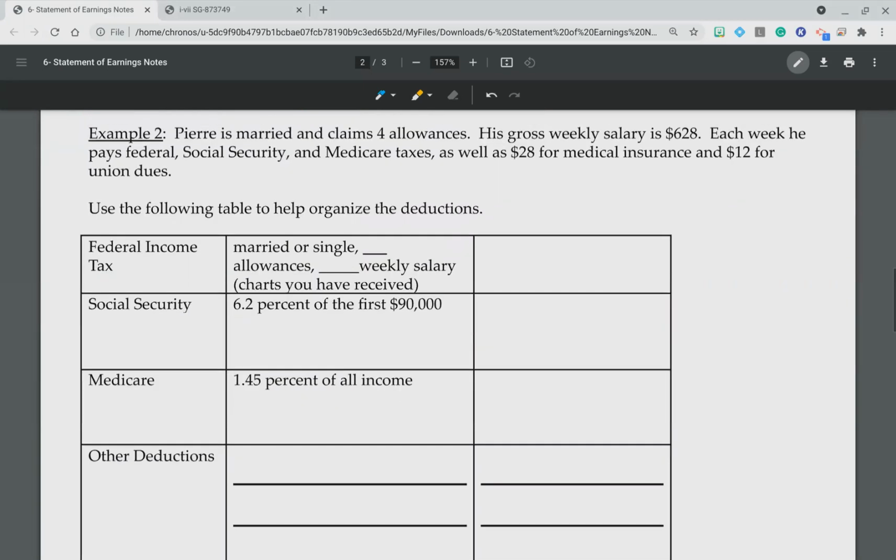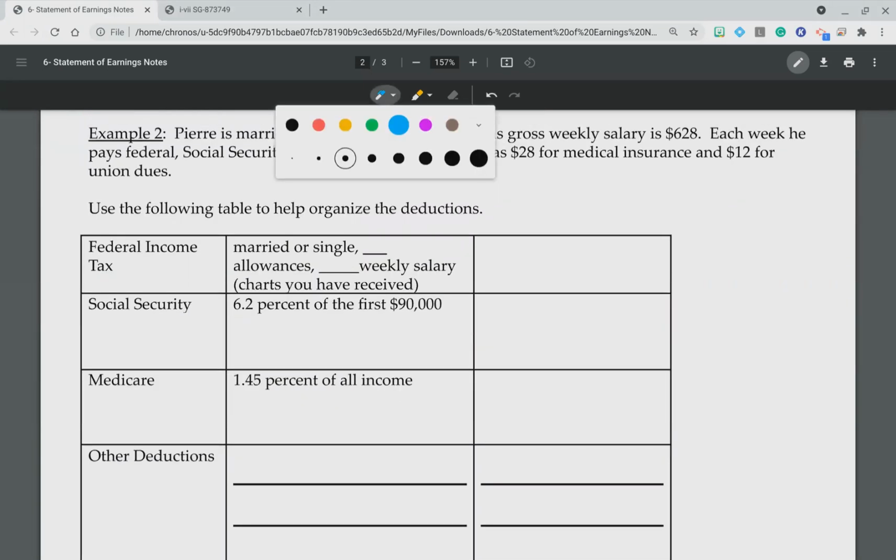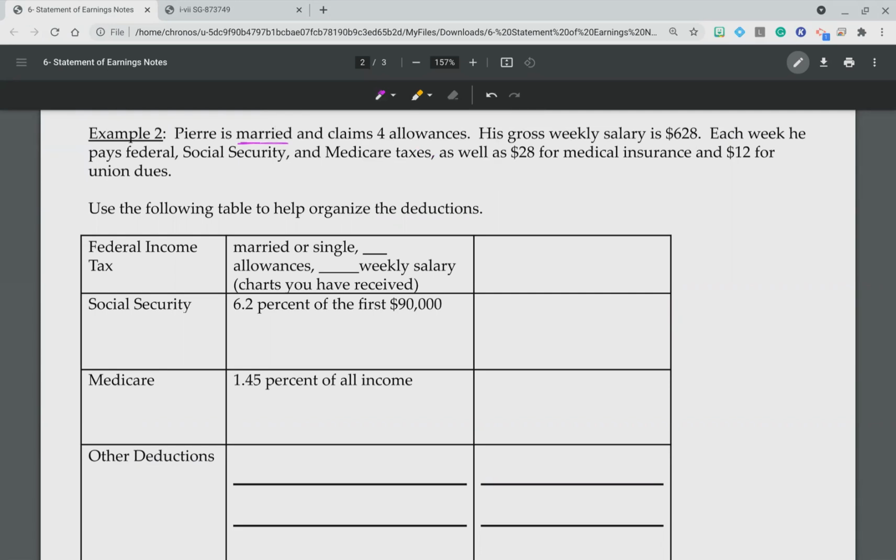It says Pierre is married and claims 4 allowances. His gross weekly salary is $628, and each week he has to pay federal, Social Security, and Medicare taxes. He also has to pay $28 medical insurance, and then he has to pay $12 for his union dues.